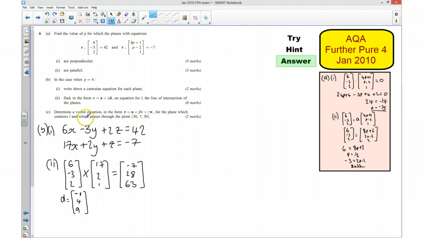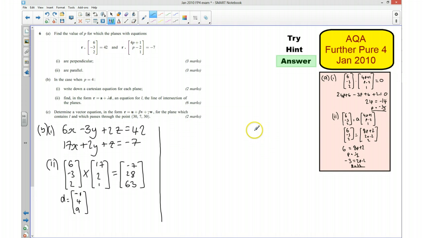Okay, so that's the first part of what we're going to do. Now what we need to do is work out what A is. I just need any point that this intersection line passes through. So I'm going to choose the value of one of the coordinates.